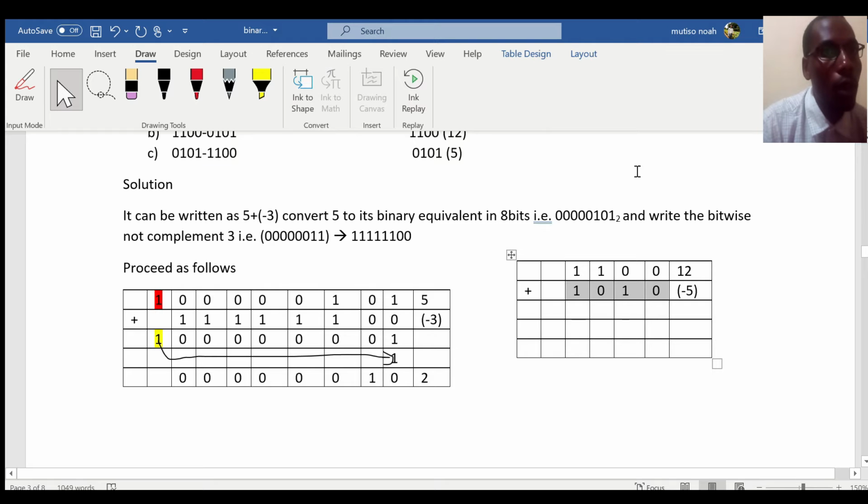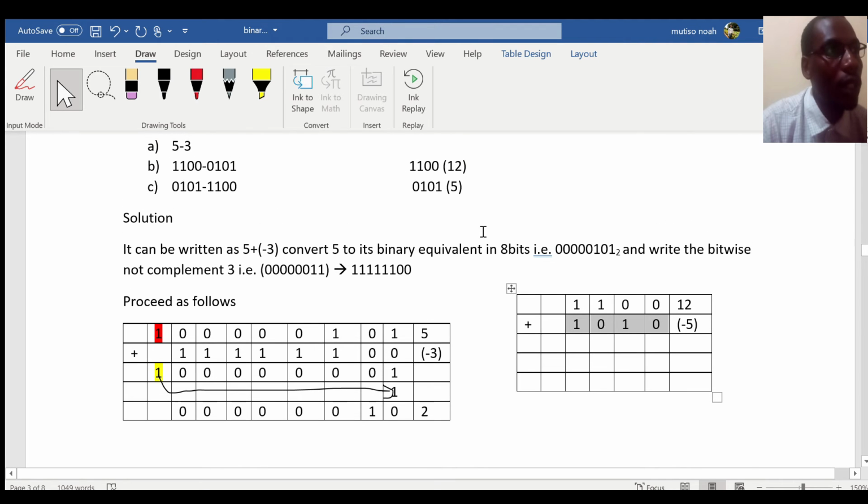You can see, let us check above here, this was just 5. It was the binary of 5, but here I have written the bitwise not of 5.